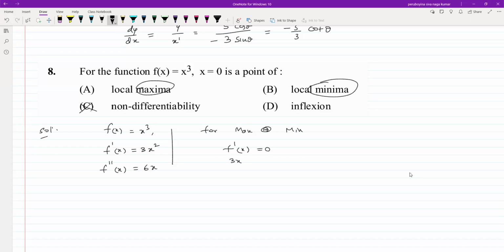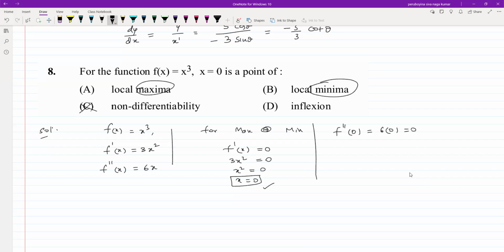So first derivative, we have 3x square and x square equal to 0 means x is equal to 0. If you test the value, what we got in the first derivative, we will substitute in the second derivative. Automatically, it is also 0.